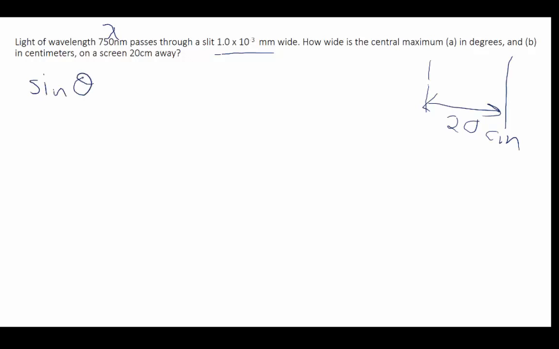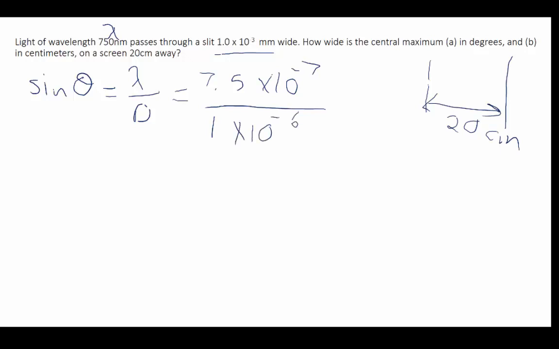sine theta is equal to lambda over d to find the first minimum. So sine theta then is equal to 7.5 times 10 to the negative 7 over d, which is 1 times 10 to the negative 6, and these units come about by making them both into meters.